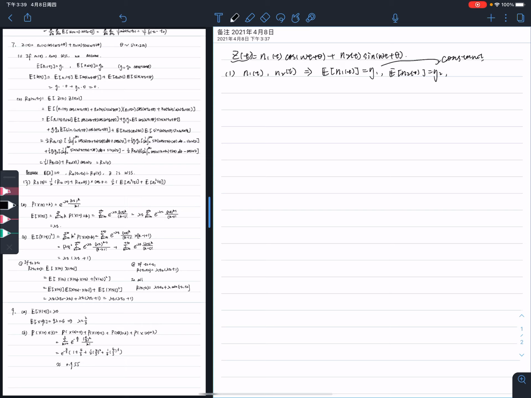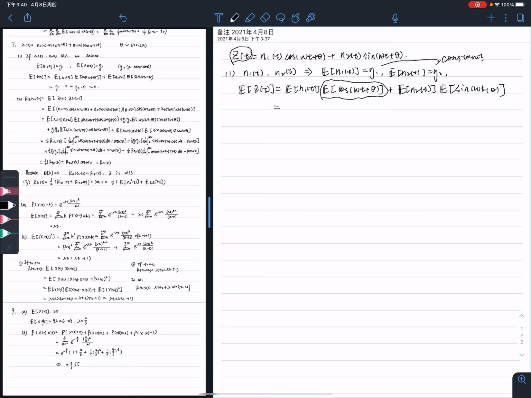Then we can compute the expectation of Z(t). The expectation of Z(t) is equal to the expectation of N1(t) times the expectation of cosine(ωt + θ), plus the expectation of N2(t) times the expectation of sine(ωt + θ).